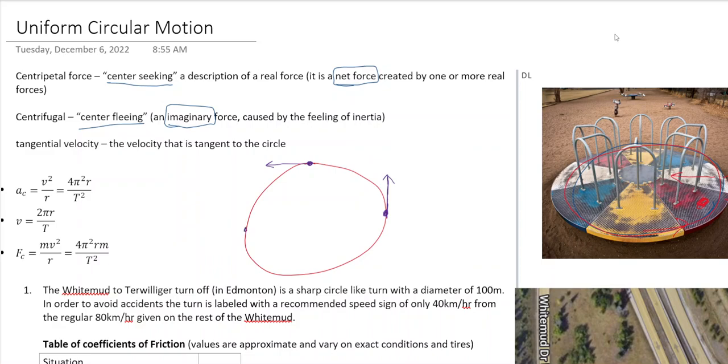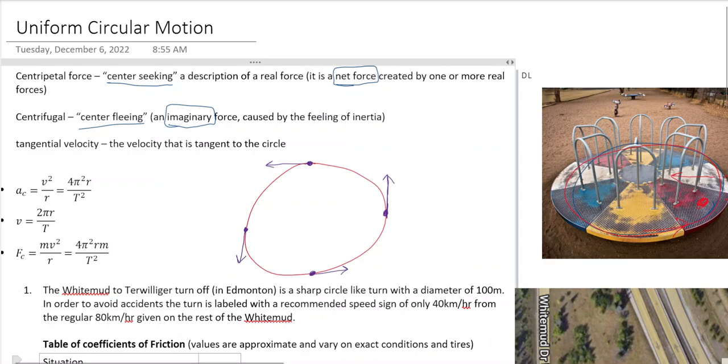At this point, my drawing is not perfectly great, but it's this way. At this point, again, it's this way. Okay, so the tangent line is the line that is kind of going the same direction as the circle, but only for that instantaneous moment.